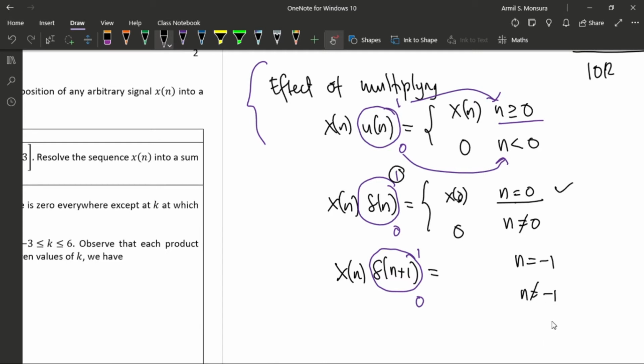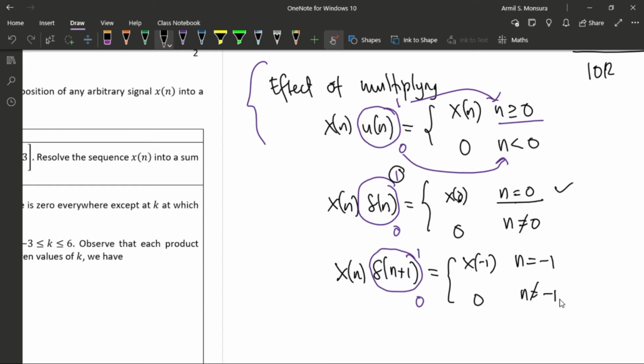Okay? So, yun yung definition ng delta n minus 1 natin. And if that is the case, then yung product na to, yung x of n times delta n minus 1, is simply x of negative 1 times 1 when n is negative 1 and 0 when n is not equal to negative 1.